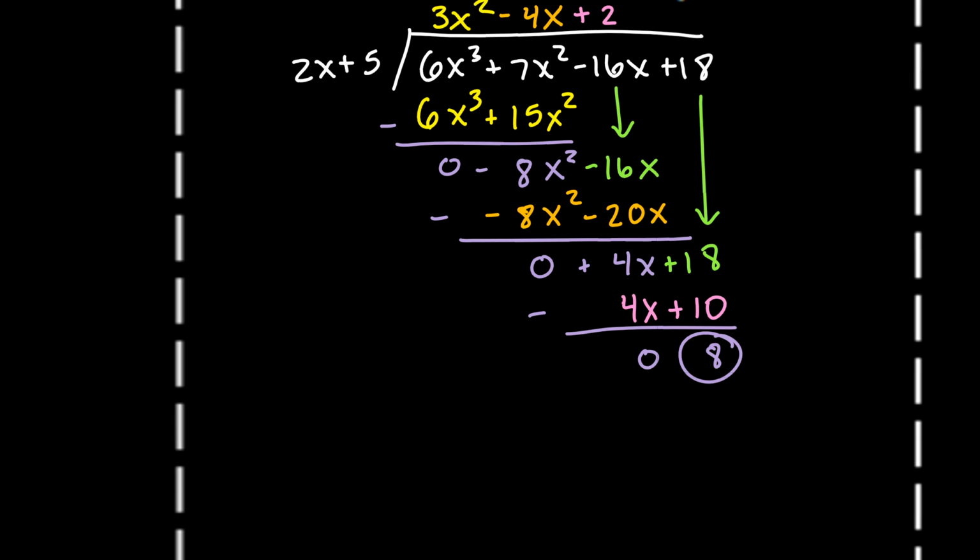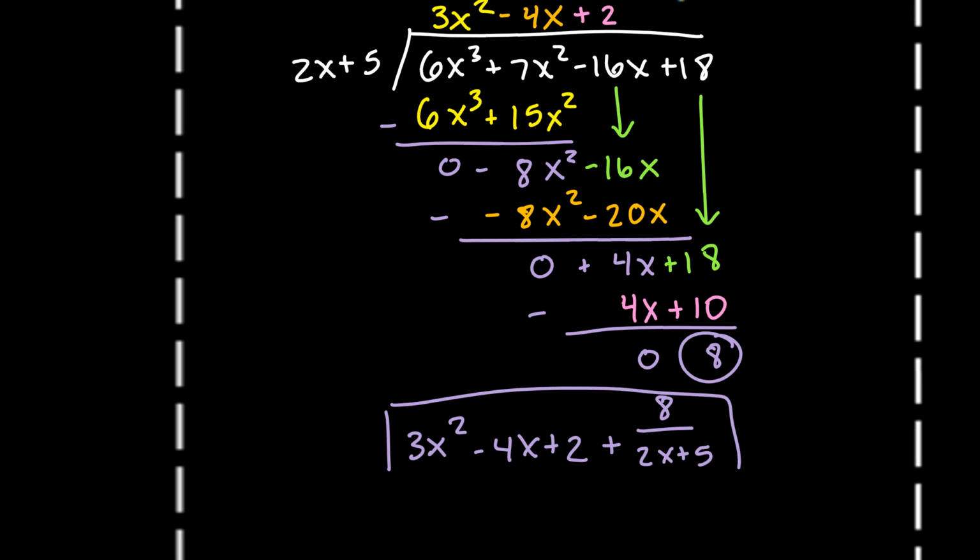You do 3x squared minus 4x plus 2 plus your remainder, which is 8, over what you were dividing by, 2x plus 5. Right? Because what this is saying is we couldn't quite divide 2x plus 5 out of 8. So it's just 8 over 2x plus 5.